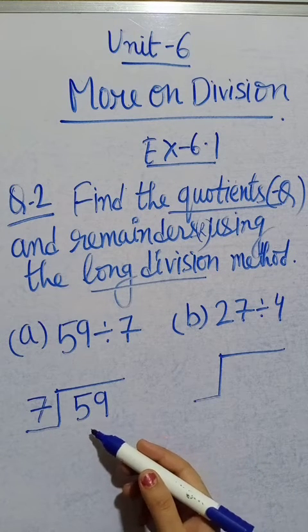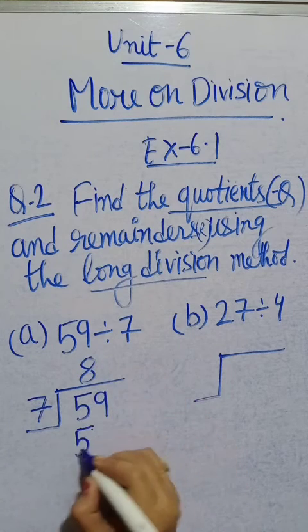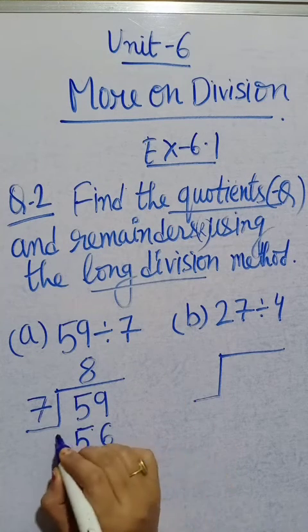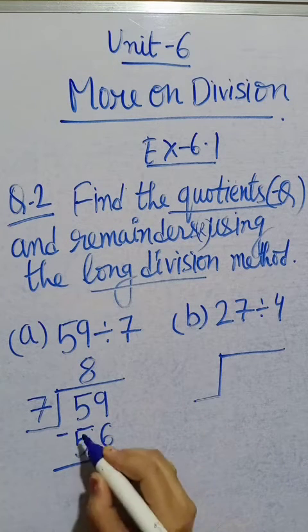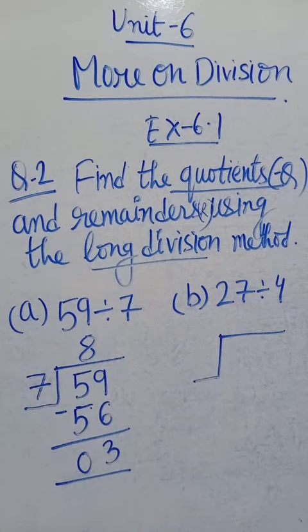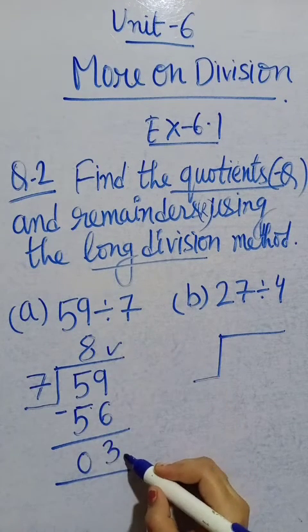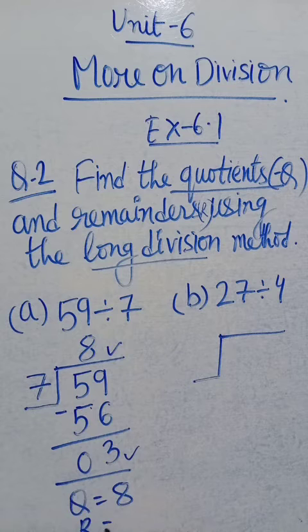So we will go by 7 8s are 56. 8 times we will divide this number. Then we have to subtract it. 9 minus 6 is 3 and 5 minus 5 is 0. So what we have got here? Quotient is 8 and the remainder which is left at the bottom is 3. Quotient is 8 and the remainder is 3.